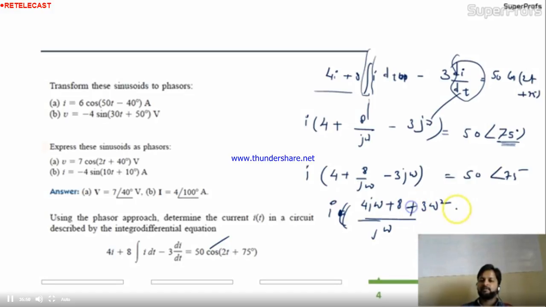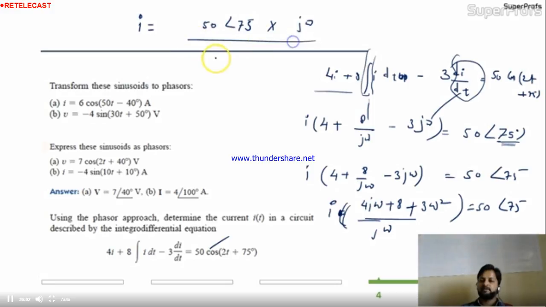It will be 50 at an angle 75. Now you keep I this side and the remaining will go that side. 50 at an angle 75 multiplied with j omega divided by 8 plus 3 omega square plus 4 j omega. Is it okay?